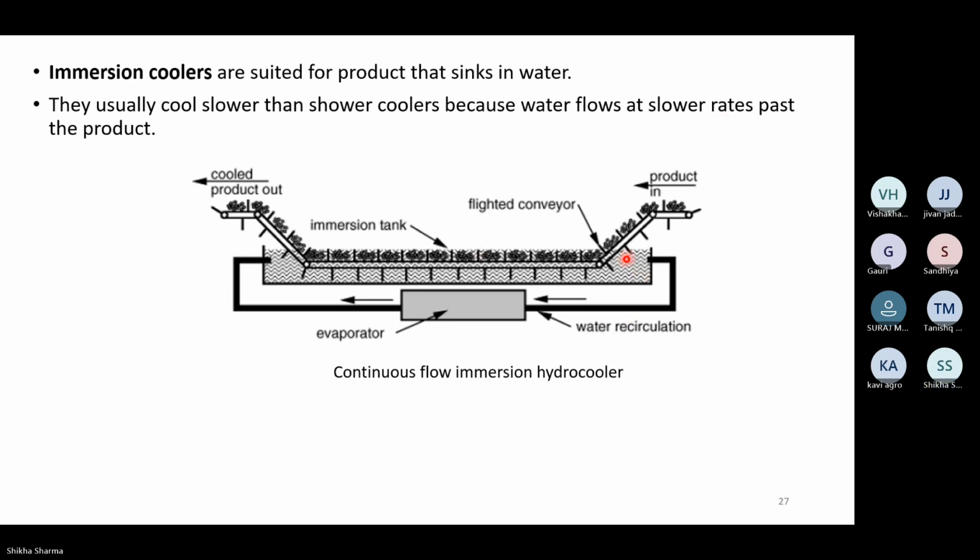Here the product will come and go on a conveyor belt. This is an immersion tank where there will be continuous water supply. But since these tanks are very large, the water replacing rate will be less, so the water will not cool as fast as in the shower cooler system.